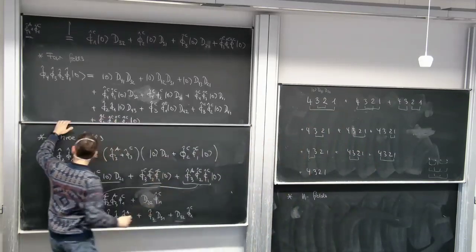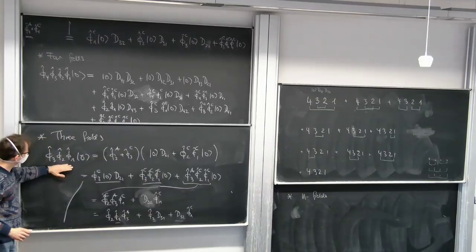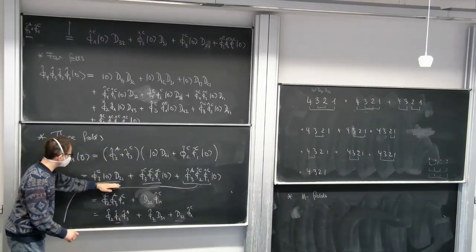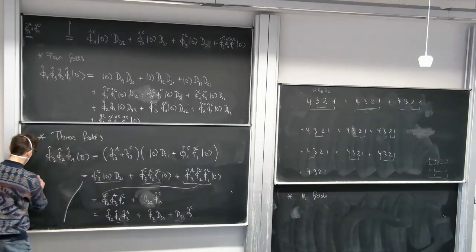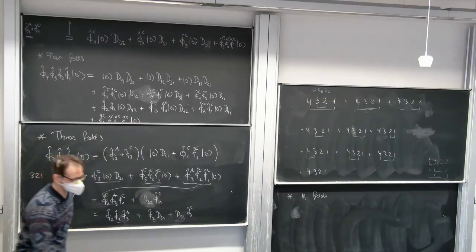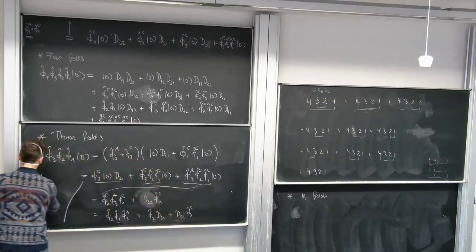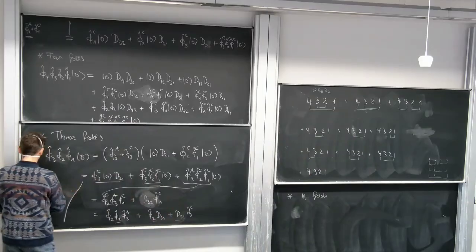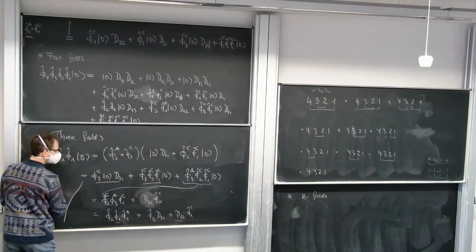Let's look at 3. What do we do with the third one? The third one will look like this, right? 3, 2, 1, and then the first term here will just connect them. So 1 will always be open, and then 3, 2, 1.